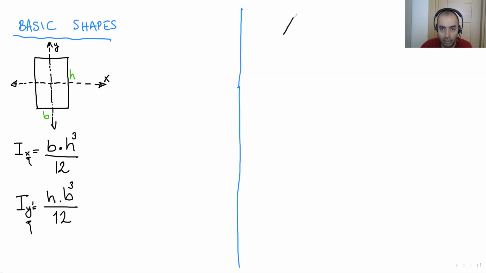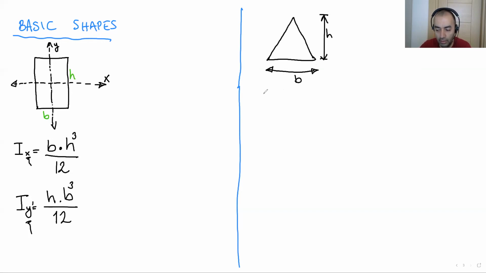Next is the triangle. So what we have, this is b and this is h.